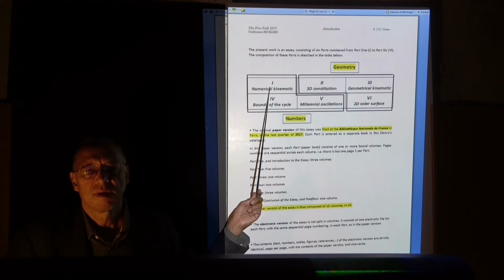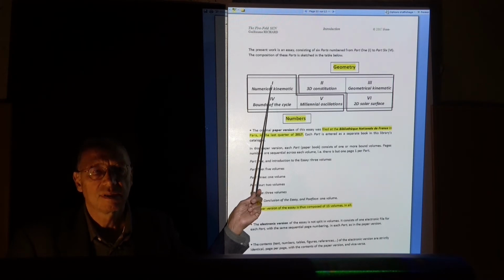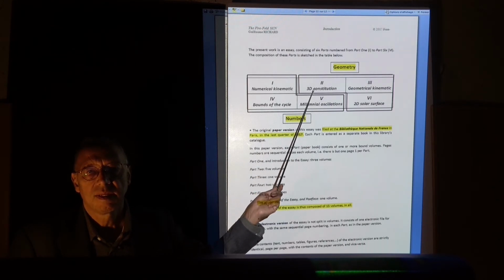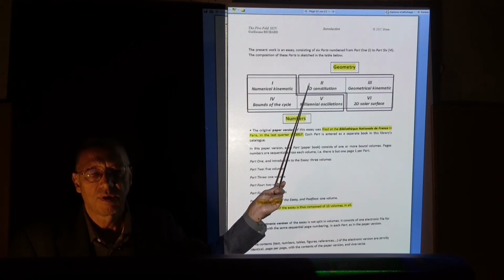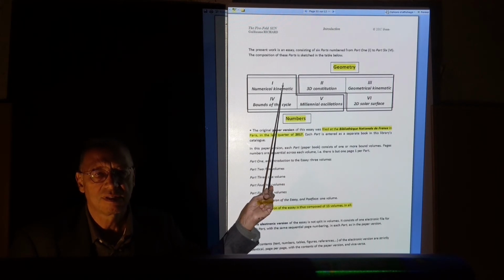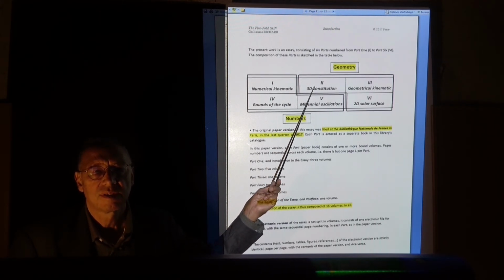It deals with the length of the solar cycle and its legs, regarded as multiples of the solar rotation. This is an innovation, and it brings some interesting results. Then in part 2, the 3D constitution of the solar ball is investigated in light of the results of the first part. We shall see that this is where fivefold spatial symmetry can be suggested in the Sun.